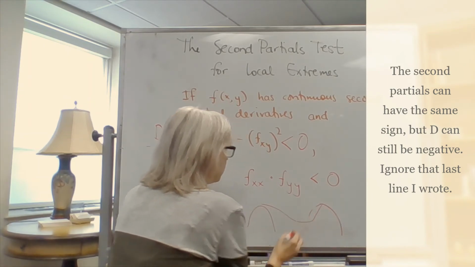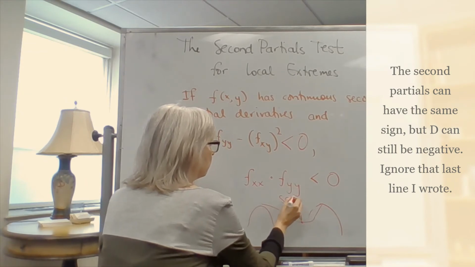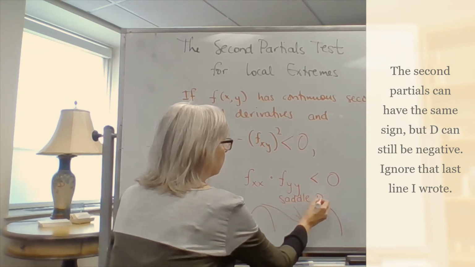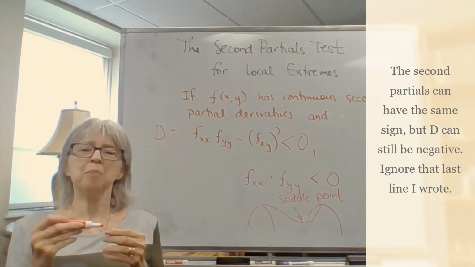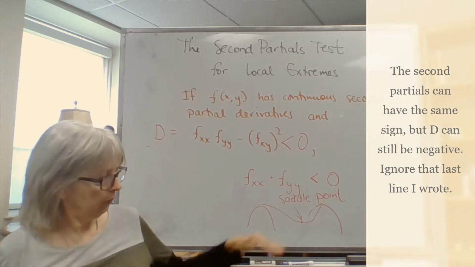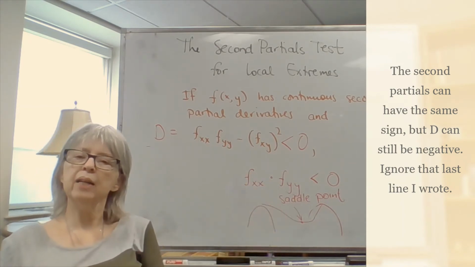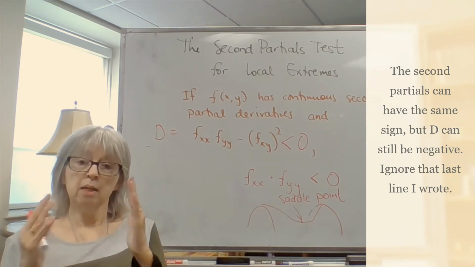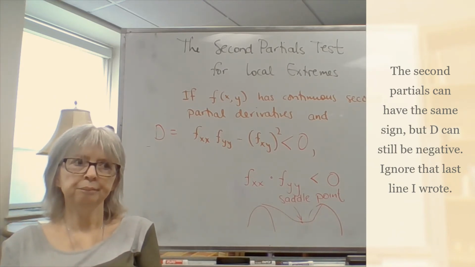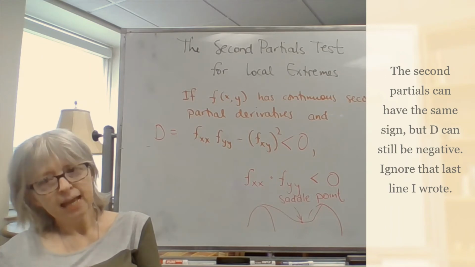Just did a really bad job of it. Remember those hyperbolic paraboloids? One direction concave up, other direction concave down. That point where they come together, concave down in one direction, concave up in another, that point's called a saddle point.